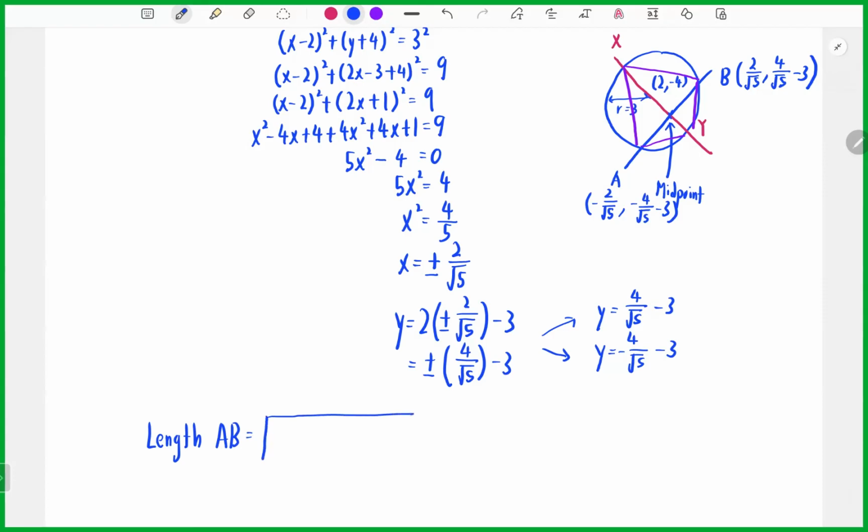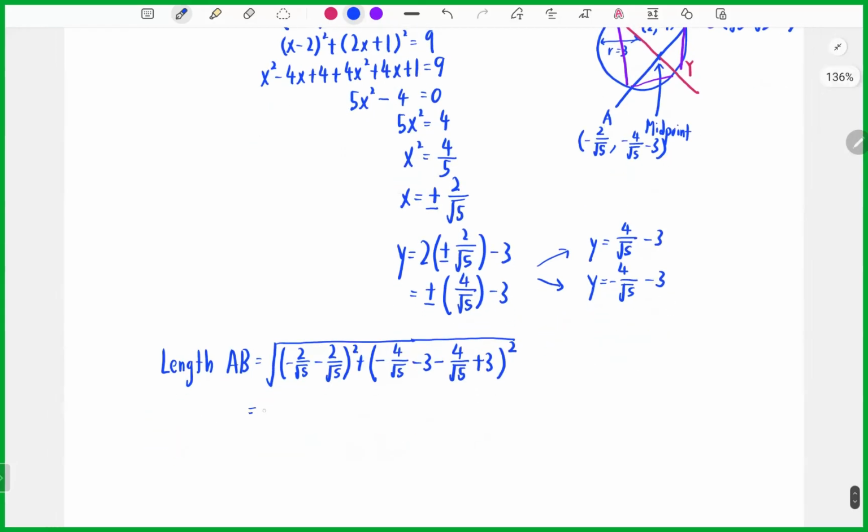First we take (negative 2 over root 5 minus 2 over root 5) squared, plus (negative 4 over root 5 minus 3 minus 4 over root 5 plus 3) squared. Here we will get (negative 4 over root 5) squared plus (negative 8 over root 5) squared.